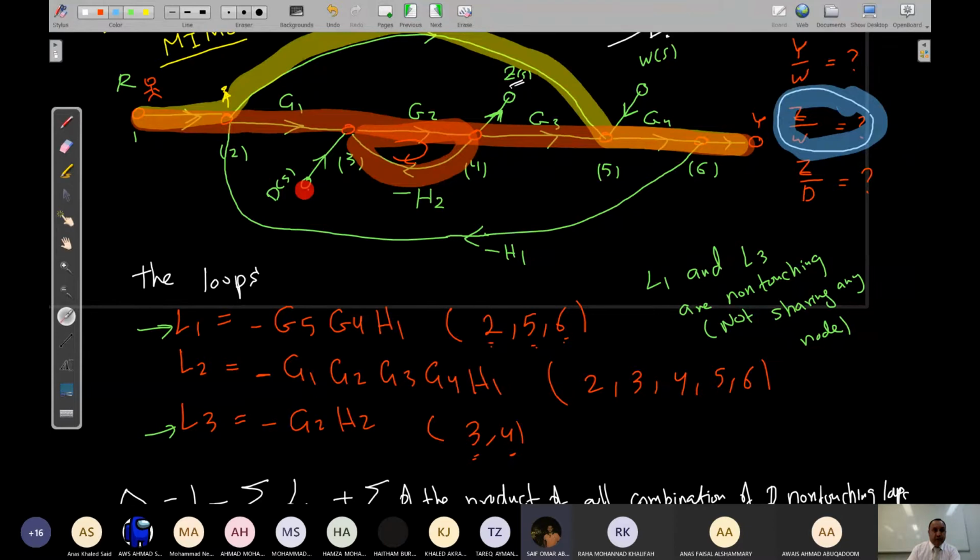One way, which is G1, G2, G3, G4. Does this path touch all the loops? Yes.